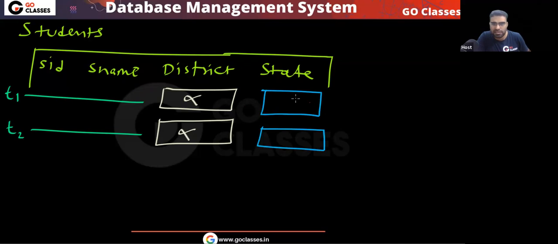Can I say that this state name also should be same? In these two tuples, if district name is same, then can I say state name should be same?